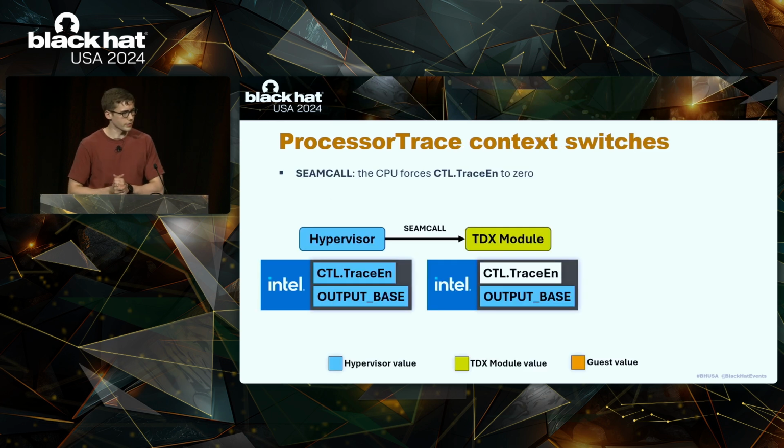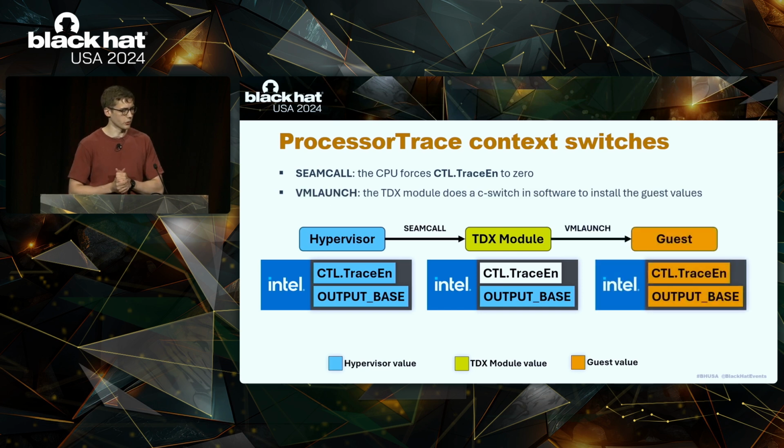So if we look at the context switching that takes place for these two processor trace registers, there's actually two context switches. The first is during the SEAM calls. The CPU doesn't perform a full context switch. It just forces the value of trace enable to 0. It means it basically force disables processor trace during the SEAM call.